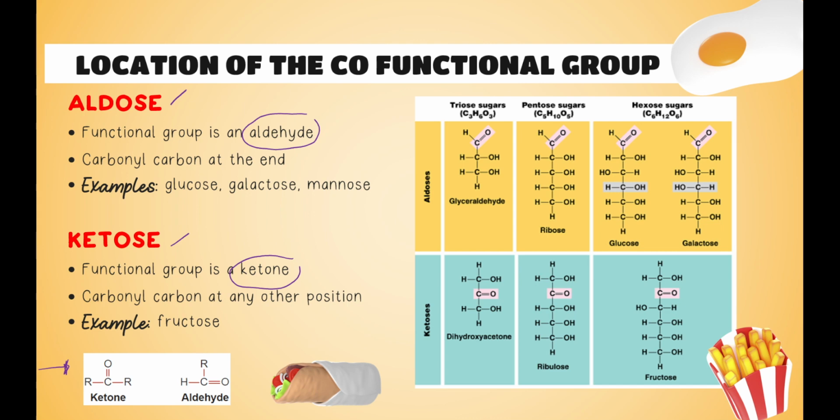Now, ketone and aldehyde are almost the same in that they both contain a carbon double bond oxygen. What differentiates them is the number of R groups that is present. Here in our ketone, we have two R groups. Here in aldehyde, only one. The other one is hydrogen.